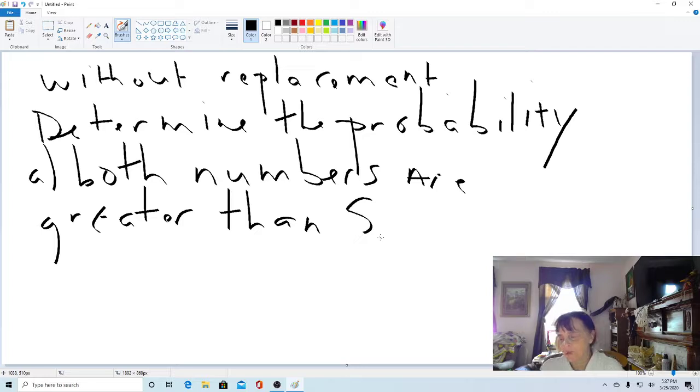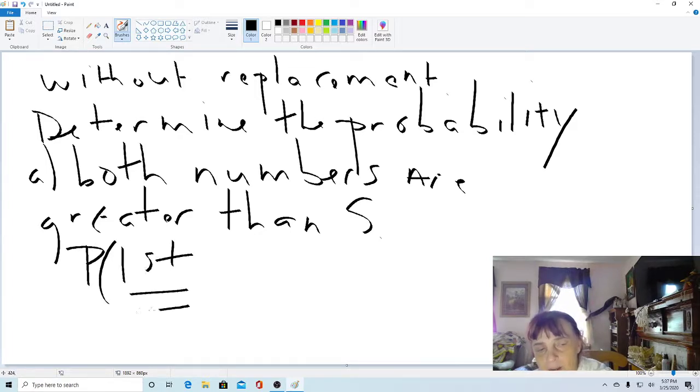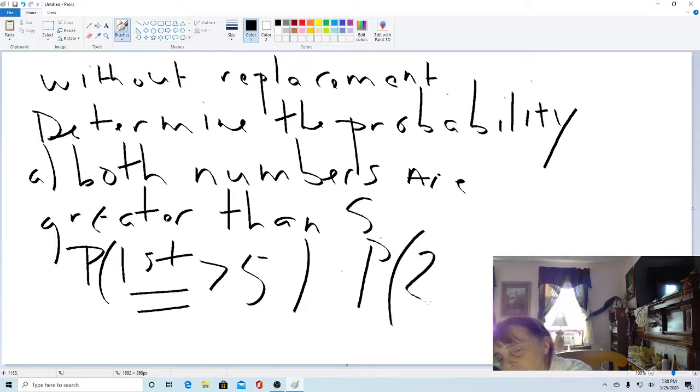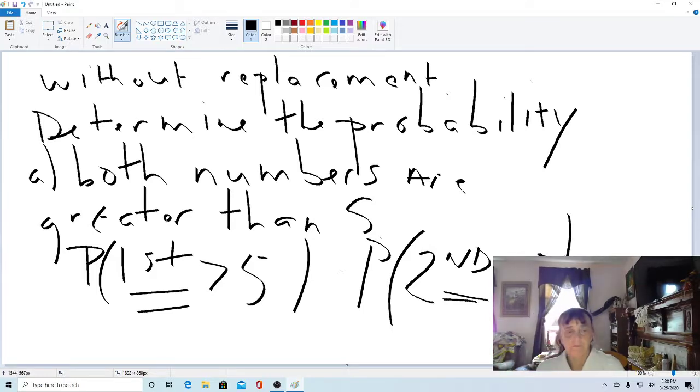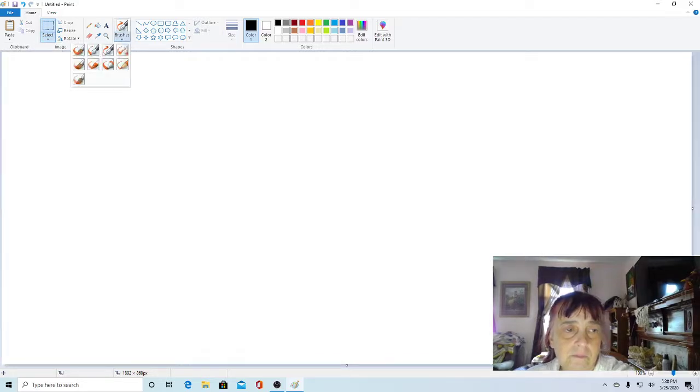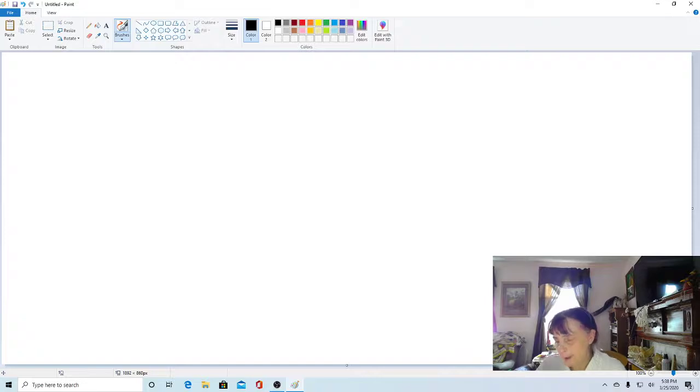Okay, that's the probability the first number is greater than 5 times the probability the second one is greater than 5. Now, we have the numbers 1 through 9.